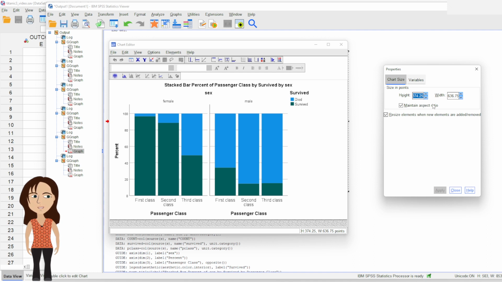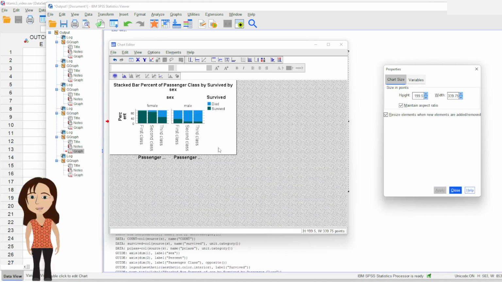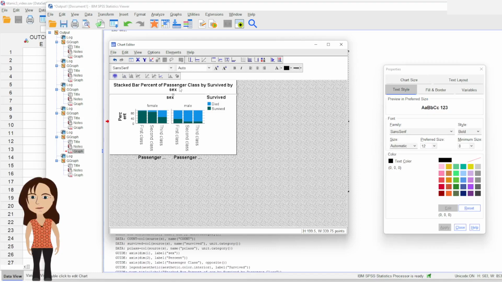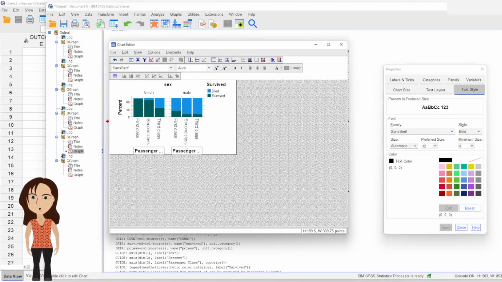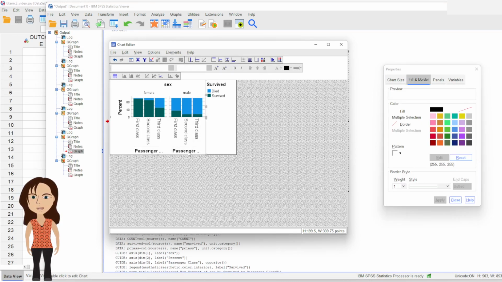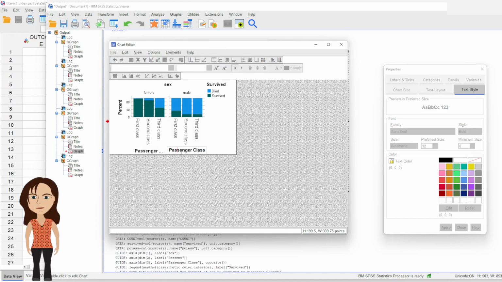Now, it's possible with the newer versions of Word and SPSS that you actually can edit these inside of Word, but depending on which versions you've got, that may not be possible. Now, that has still got too much information on it. I'm going to take the title off. I don't need passenger class written both times, so I could delete these.